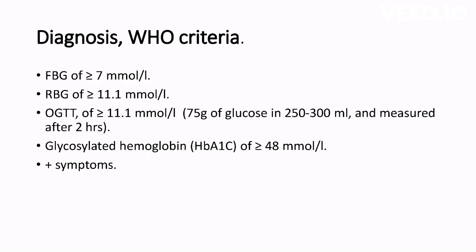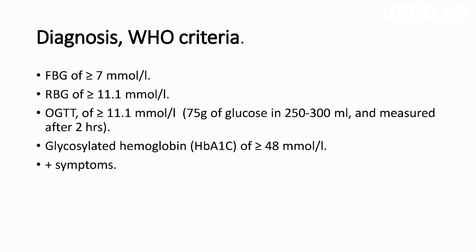Diagnosis is by WHO criteria such as fasting blood glucose of 7 millimole per liter or more, and random blood glucose of 11.1 millimole per liter or more, and the oral glucose tolerance test of 11.1 or more millimole per liter.